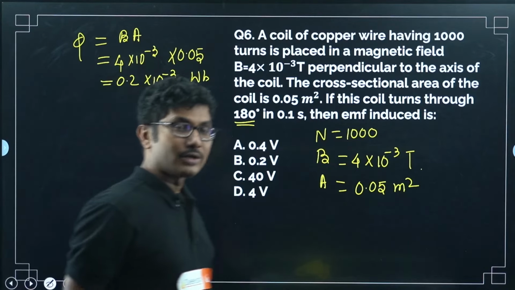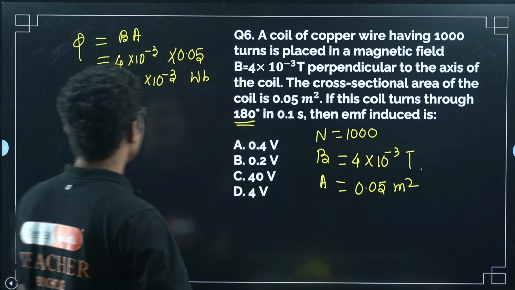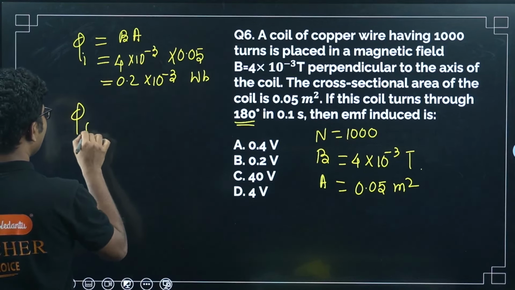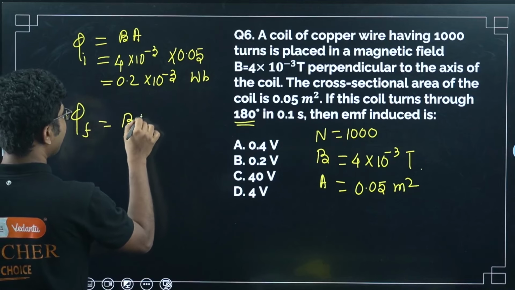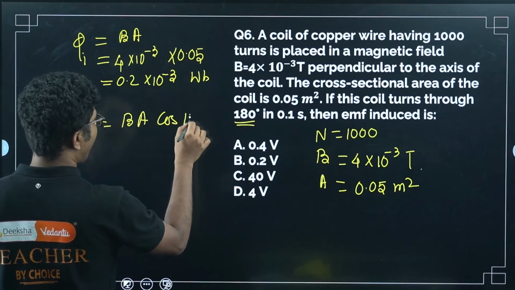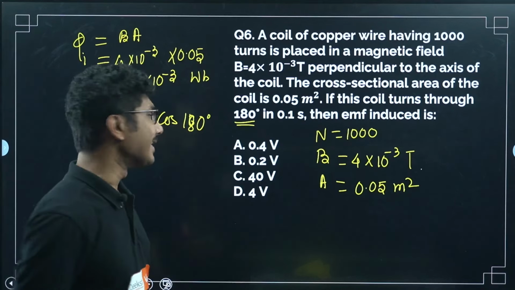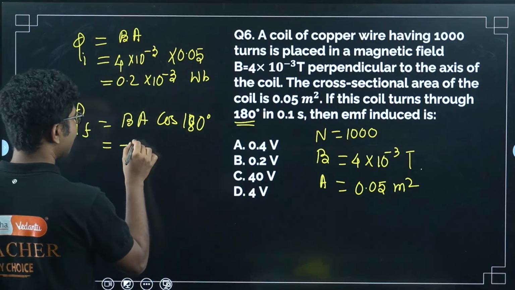Now when you rotate it to 180 degrees, the final flux will be BA cos 180 degree, that is nothing but minus BA.